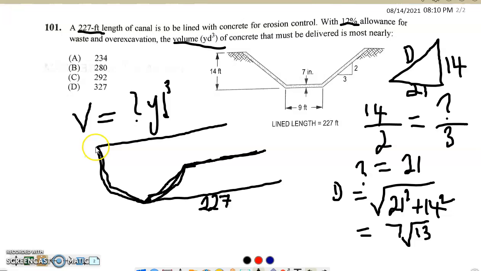Okay, now let's get back to our question. We know this is all length by itself. That means we're going to add this side plus this side plus this side. So now we add 7 square root of 13 plus 9 plus 7 square root of 13.